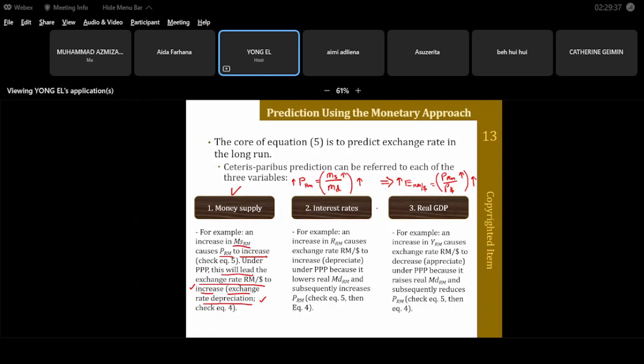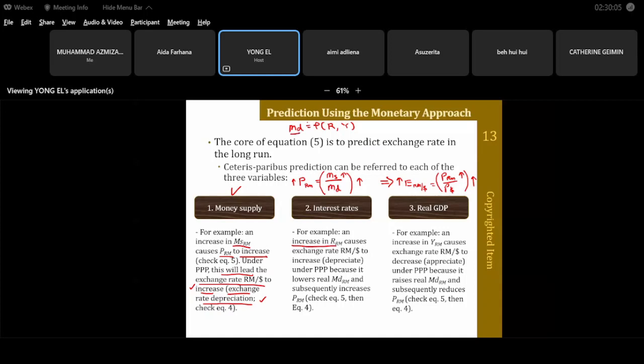The second case, interest rate. As we understand, money demand is a function of interest rate and income. When interest rate changes, like an increase in interest rate, that will cause money demand to change.